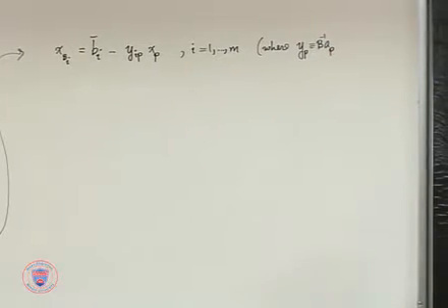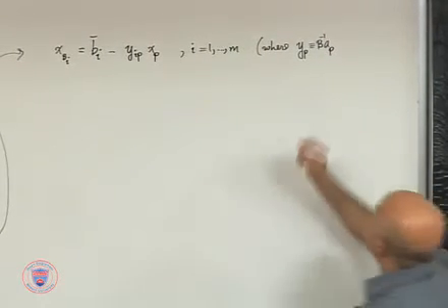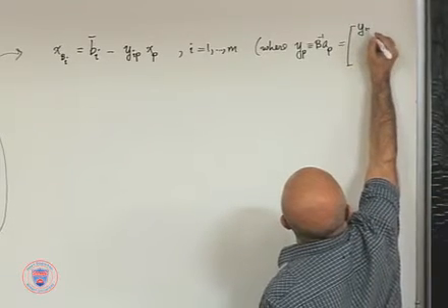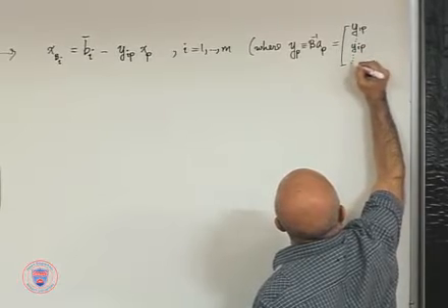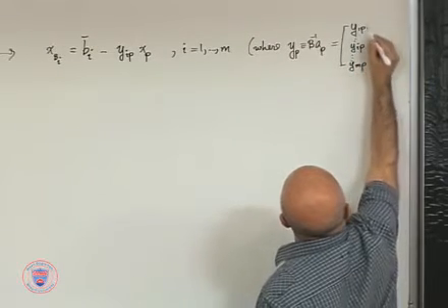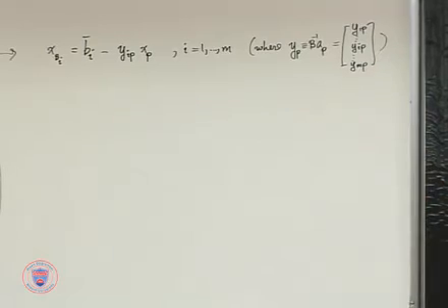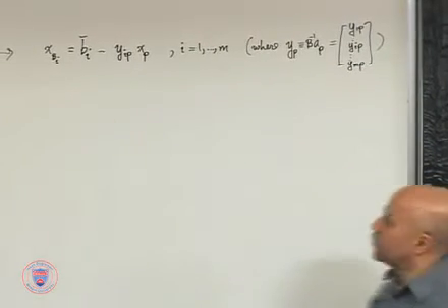We just rename B inverse a_p as the vector y_p, and it has all these components: y_1p, y_ip, and y_mp. It's a vector with m components. I'm just picking the ith one because we're looking at the ith equation here.